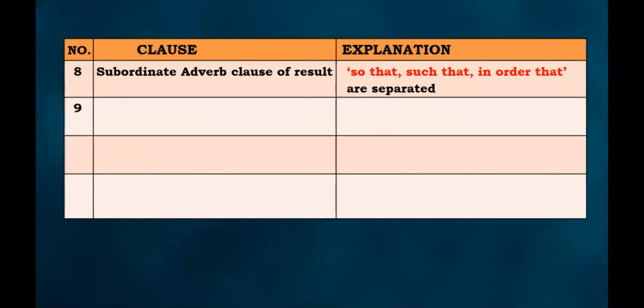All right, next one: concession or contrast. Both of them are different. I'll give you an example here. Although it was cold outside, the old lady went out without a sweater.